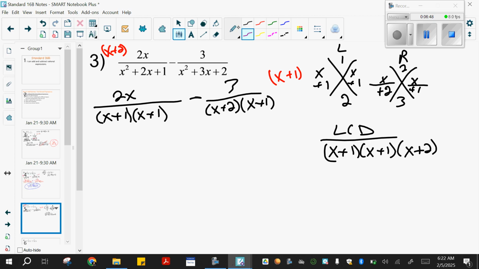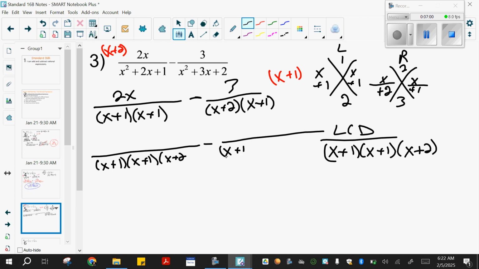Alright, let's rewrite. So now I have x plus 1 times x plus 1 times x plus 2 minus x plus 1 times x plus 1 times x plus 2. Alright? At the top, I'm going to multiply x plus 2 times 2x. So I'll have 2x squared plus 4x.